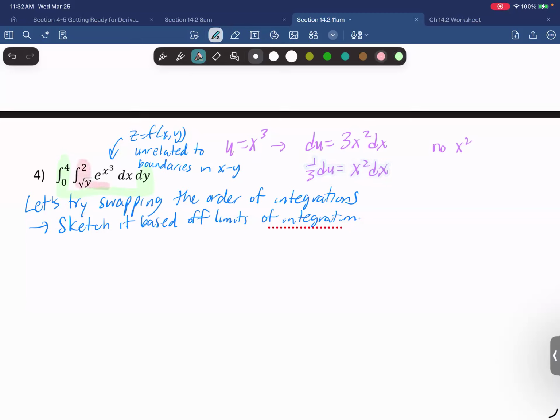And the 2 root y is going with dx. Which means 0 is less than or equal to y, which is less than or equal to 4. And same setup, square root of y is less than or equal to x, which is less than or equal to 2.